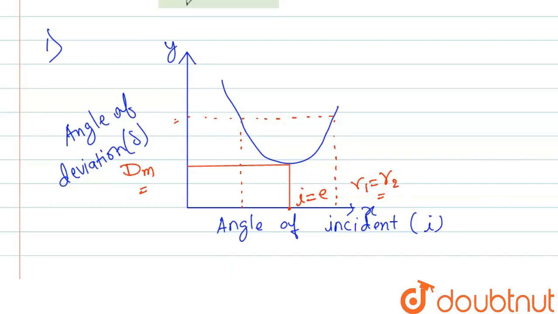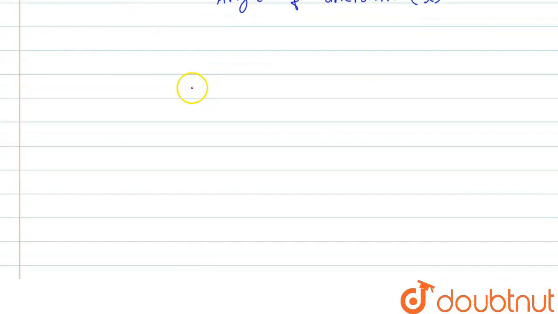Now if we talk about the calculation, when del is the minimum deviation, then I is equal to E, that means R1 equal to R2.